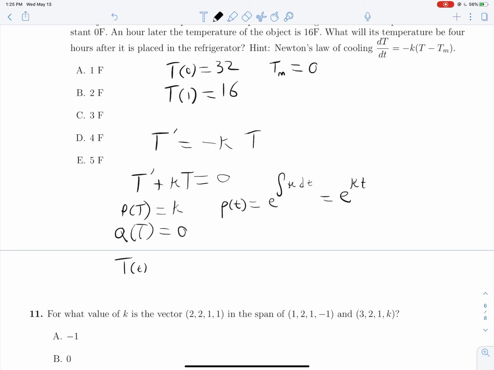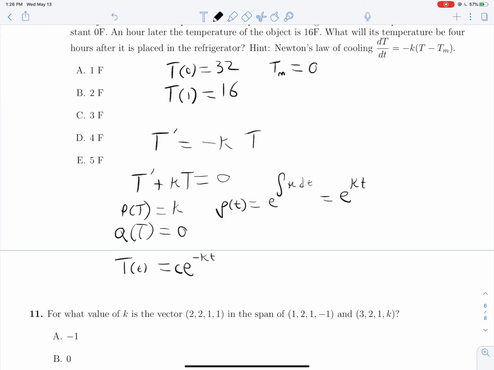So now solving for T of little t, the temperature as a function of time, is 1 over that rho of t, 1 over e to the kt, so e to the negative kt multiplied by the integral of e to the kt times q of t, but q of t is just 0, so this whole thing is the integral of 0 dt, which will just give us a plus c.